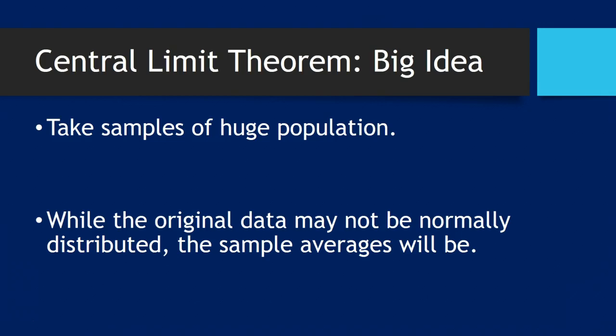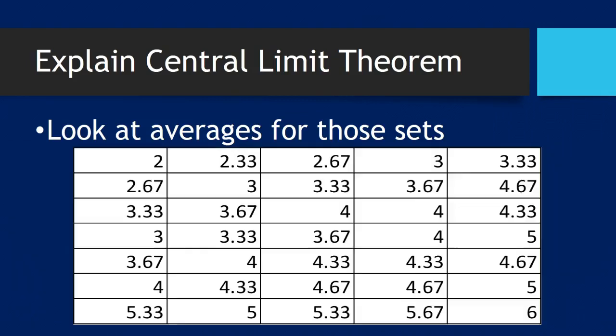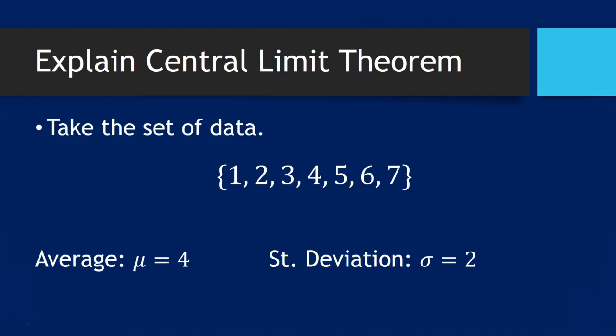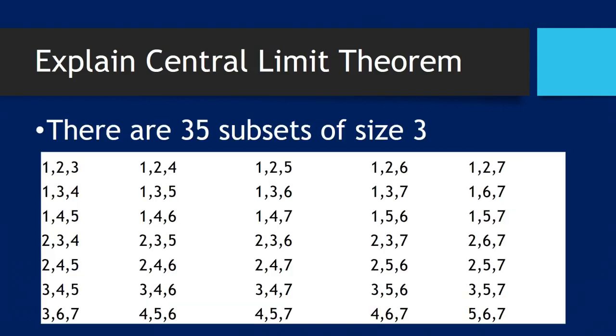Now, my example wasn't quite perfect because I didn't have a gigantic population to choose from. I only had this set from 1 through 7. So I didn't have a huge population to choose from, and I took subsets of size 3.